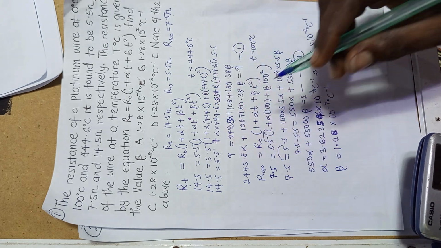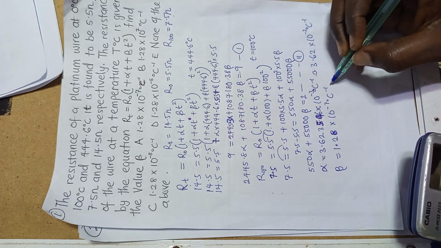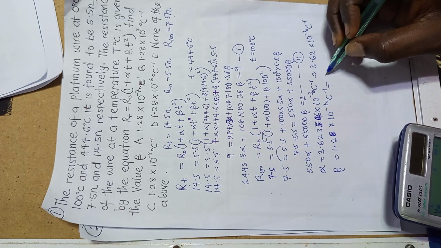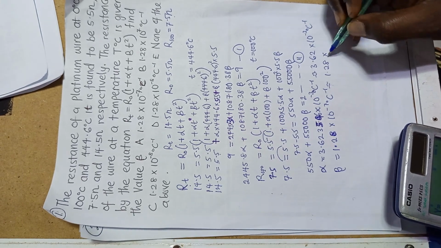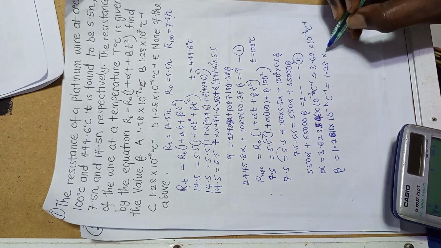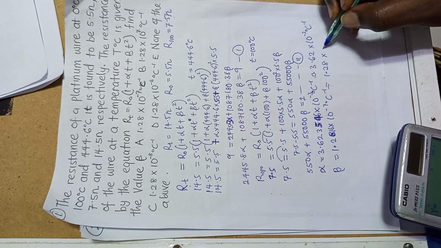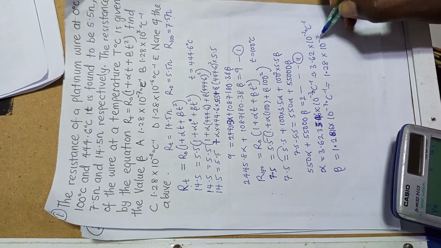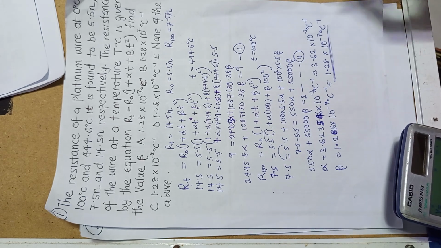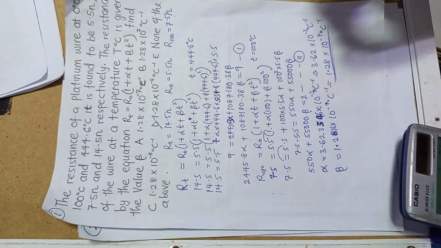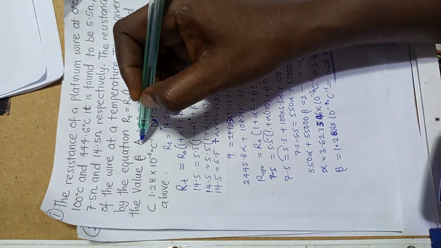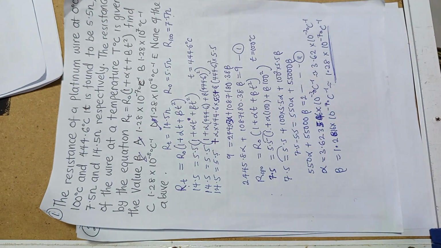So we have to check our solution very well. It is 1.2816, approximately to 2 decimal places 1.28 times 10 to the power minus 7 per degree Celsius. So this is the answer. So option A is the answer.